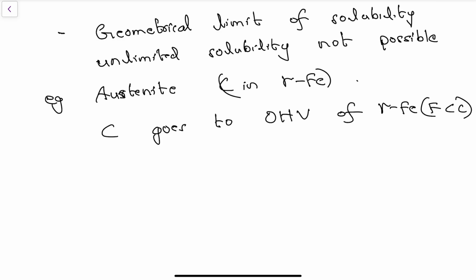The carbon atoms can fit into this octahedral void. In an FCC or cubic close-packed structure, there is one octahedral void per atom. For every one atom in a face-centered cubic structure, you have one octahedral void.